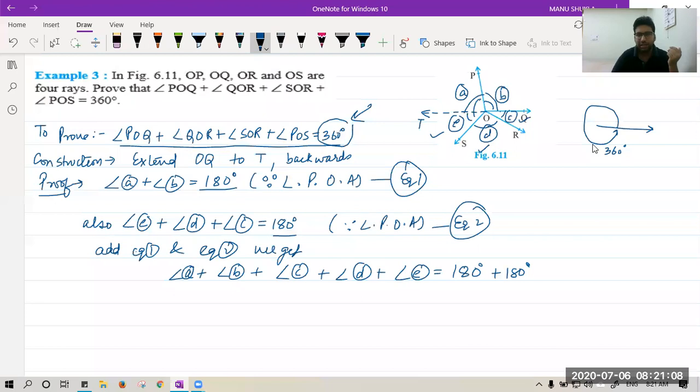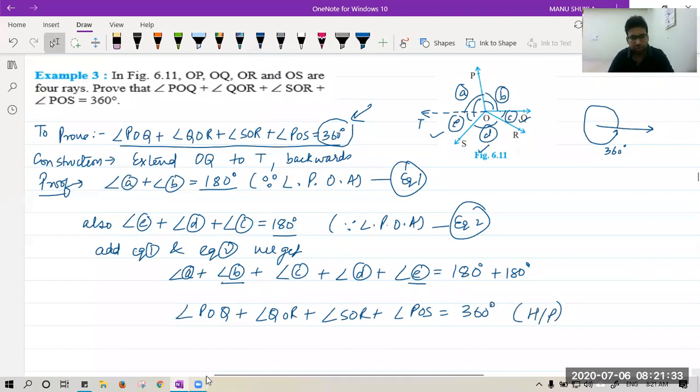And now you can say A plus B is this, and B and E is actually your angle POQ. So angle POQ plus angle QOR plus angle SOR plus angle POS is equal to 360 degrees, and hence we have proved. I guess you got this.